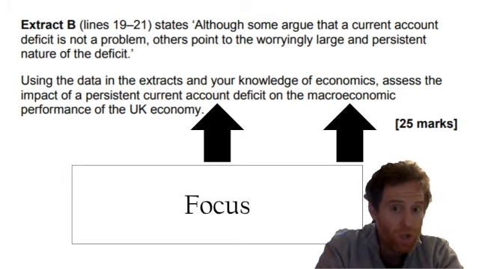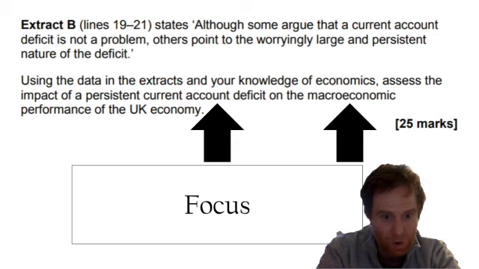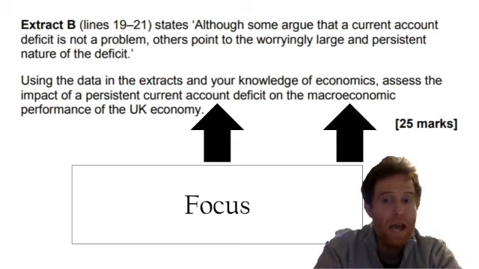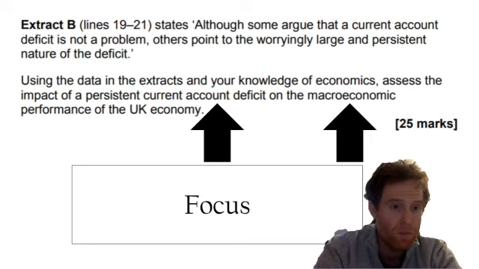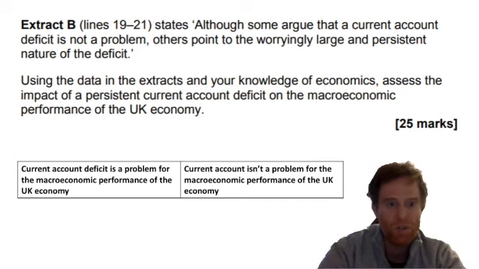The focus is saying current account. So again, current account, not budget. Okay, current account. So we'll look at the balance of payments, and we're also looking at the macroeconomic performance, so the macroeconomic objectives of the UK government. Right. Okay. So I'm going to quickly break this question down.